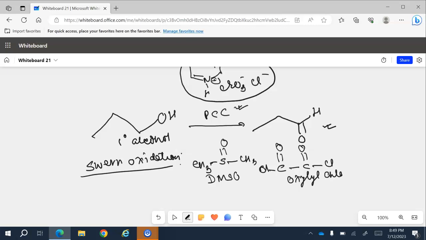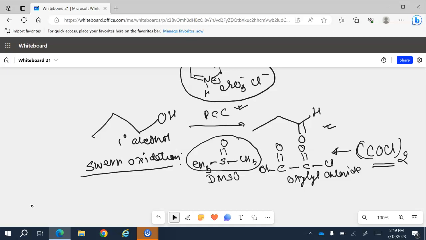Oxalyl chloride, which you can even write as COCl whole 2. The extended structure we can write like this or this way. This is the shortcut. DMSO, you are familiar with that. DMSO in presence of oxalyl chloride, and the base triethylamine is used. This is what we call the reagent for Swern oxidation.